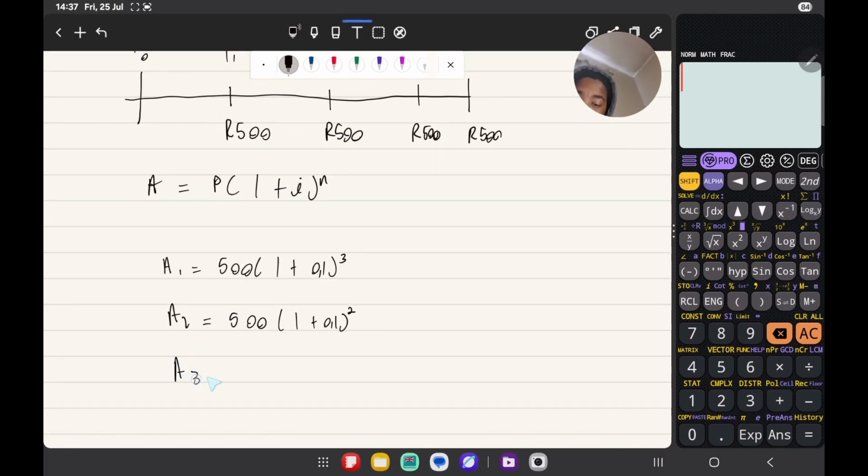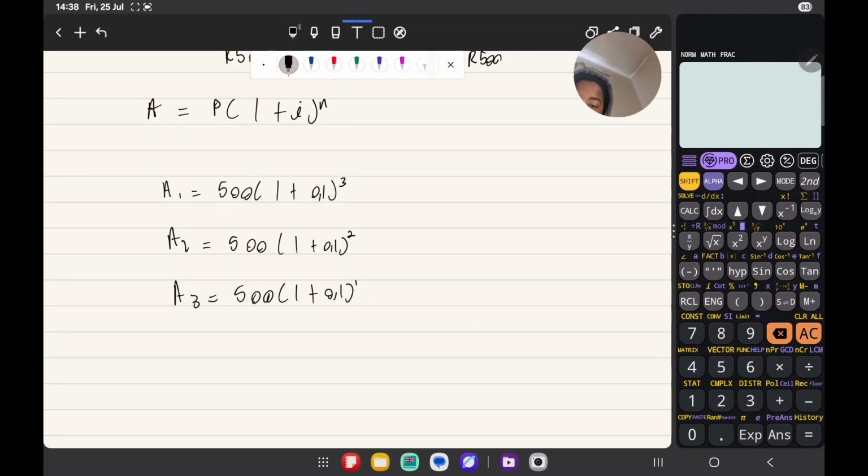So A3 is 500(1 + 0.1), and this 500 will be in the account for just a year. And we have A4, which is just going to be 500, or you can just say (1 + 0.1) to the power of 0. You can say that.